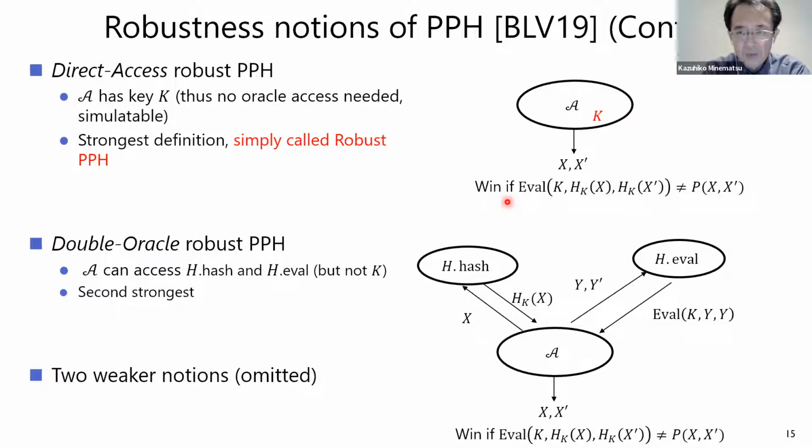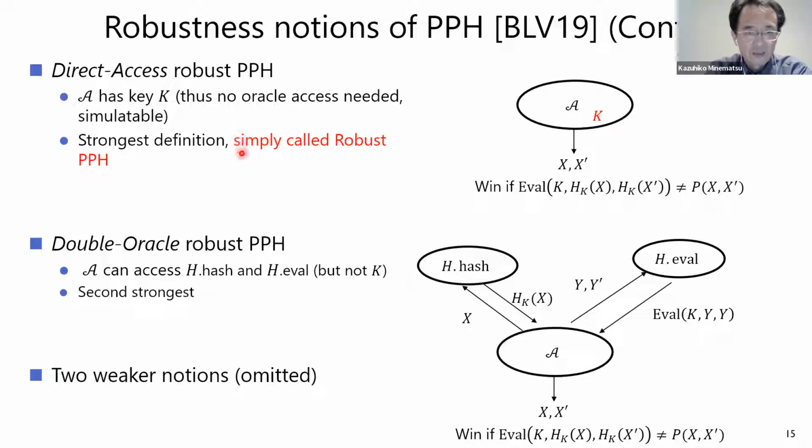And BLV19 defined four classes of robustness notions, but I only present the two strongest ones. The first is the direct access robust PPH. In this game, the adversary just has a key K, so no oracle is needed because the adversary can simulate it.